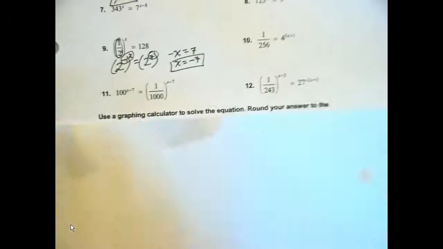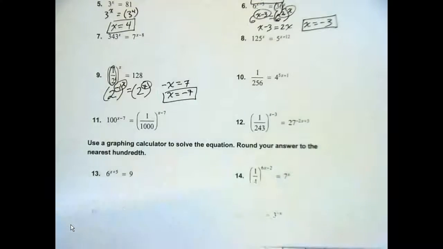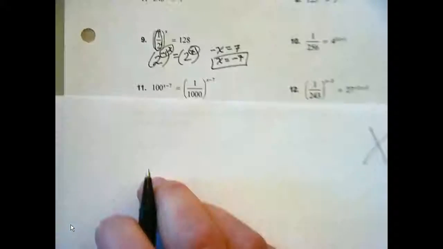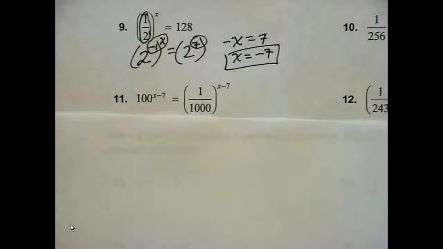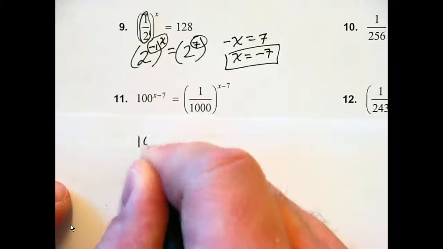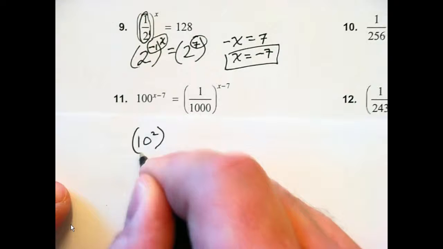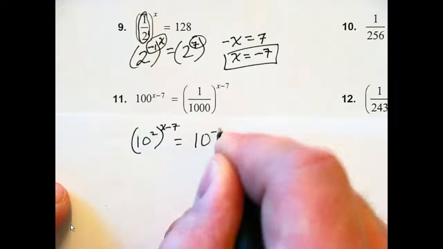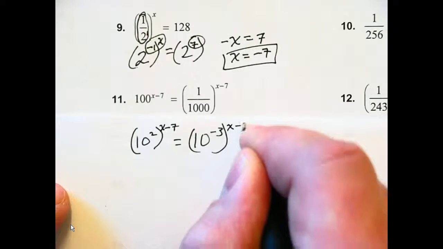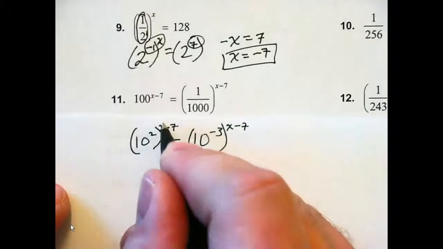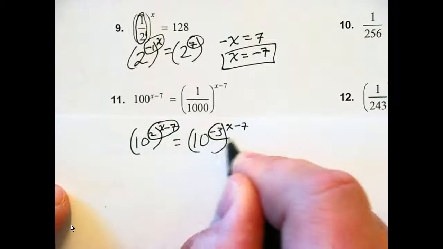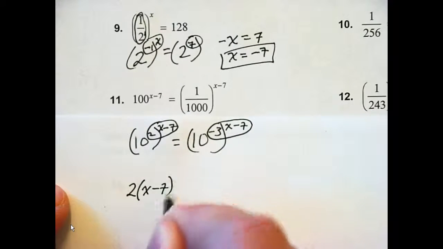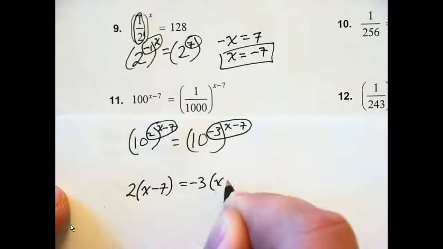Hey, a common mistake that I just saw a couple people make is right here on number 11. I like that you guys are starting to see that 10 to the 2nd power is 100. Make sure you put parentheses around it, and you have your x minus 7 out here. And 1/1000th is 10 to the negative 3rd power. Okay, that's great. Now, when you're setting those two parts equal, you need to write that as 2 times (x - 7) and -3 times (x - 7), like that.